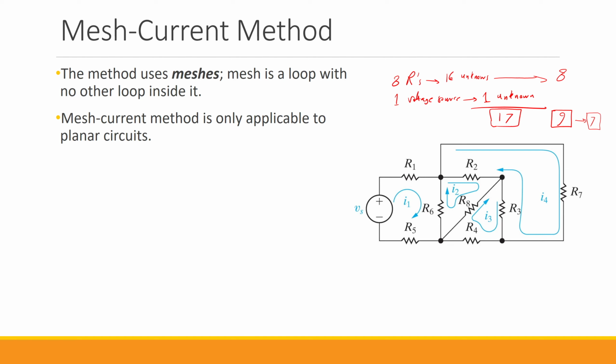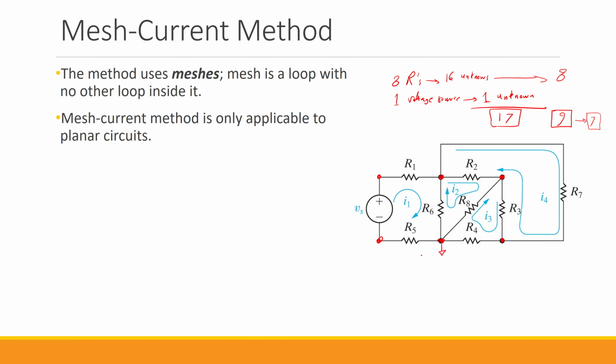So in the previous videos, we talked about the node voltage method. So we said for the node voltage method, first we find all the nodes in our circuit. So we have a node here, another node here, then this one, this one, this one, and this one. So overall, we have 6 nodes. So we said what we can do is to consider the node with the highest number of branches connected to it to be considered as the reference, right?